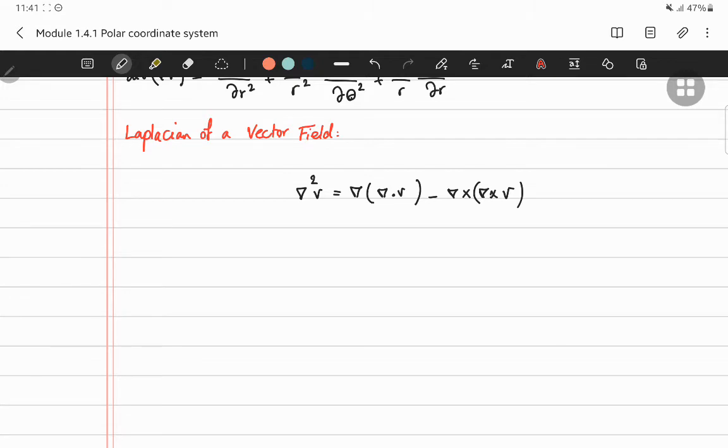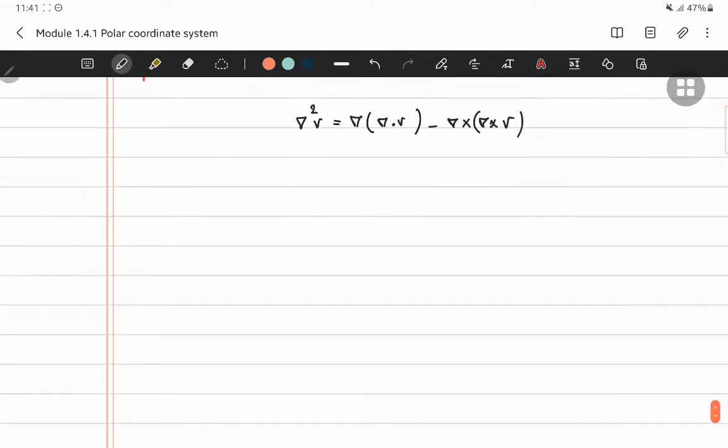So here, let us see what we expect on the left-hand side of the equation. Del cross v gives us a vector, and del cross a vector finally gives us a vector. Del dot v is basically the divergence, which is a scalar field here, because v is a vector.